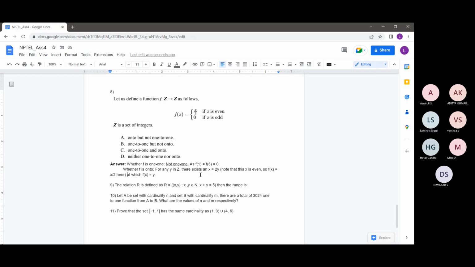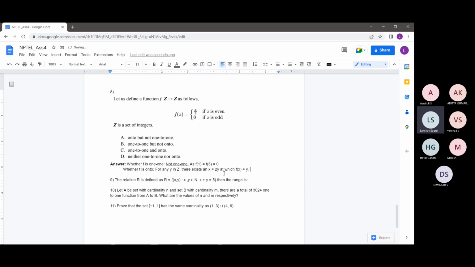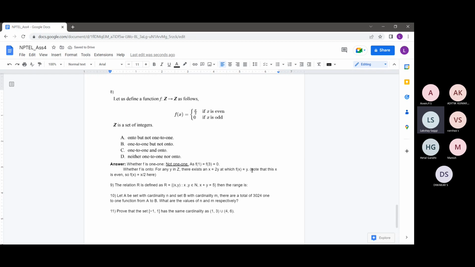And why is this the case? There is an x at which f of x is y, because as x is even, f of x is equal to x by 2, which implies that putting x as 2y, f of x is equal to 2y by 2, which is equal to y. So from this we get that for every y there is an x such that f of x equals y. So the function is onto.